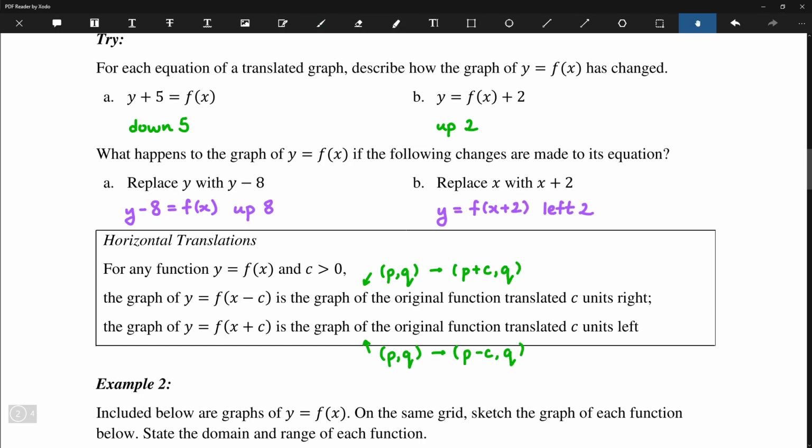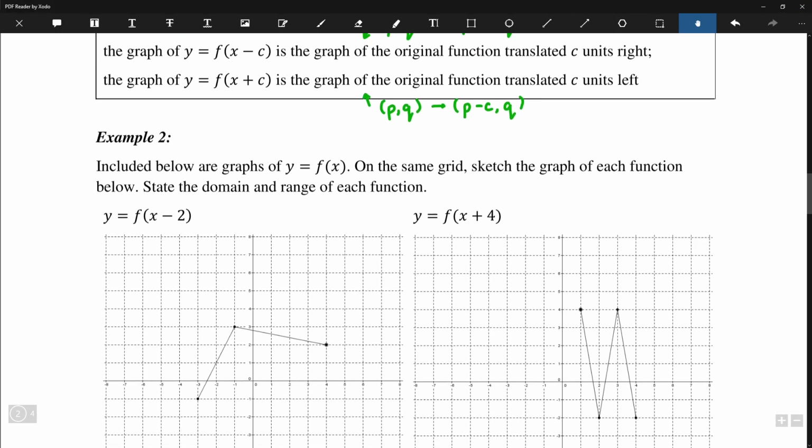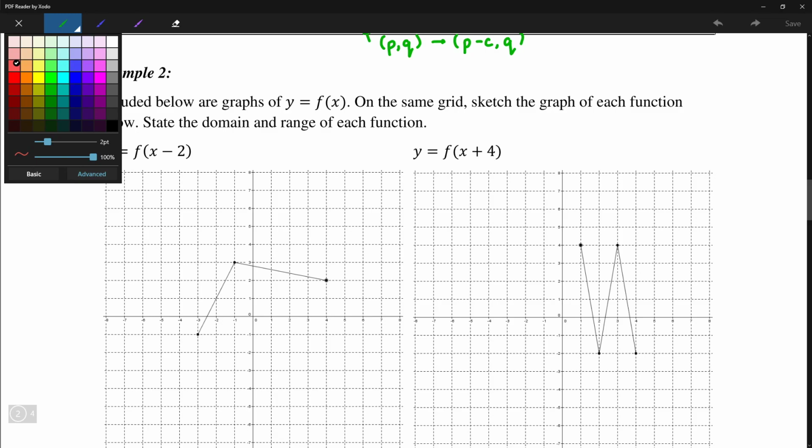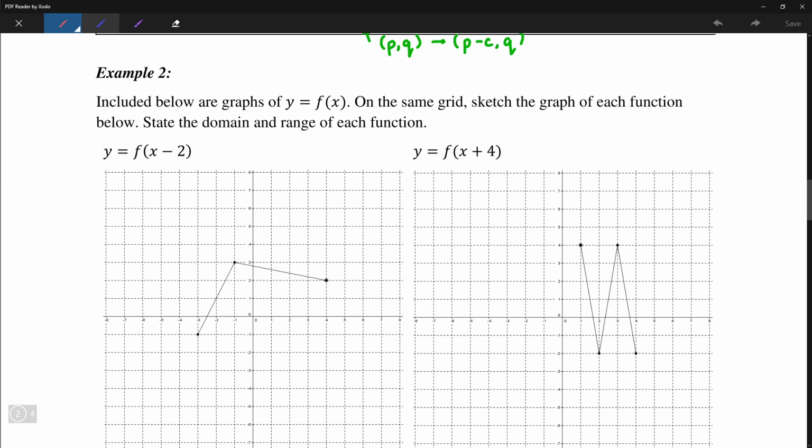All right, so let's look at a couple of graphs as an example. Example number 2. See what happens here. So again, we began by looking at the transformation that would happen. The translation that would happen in this case is right 2, and on the right-hand side, we have left 4.